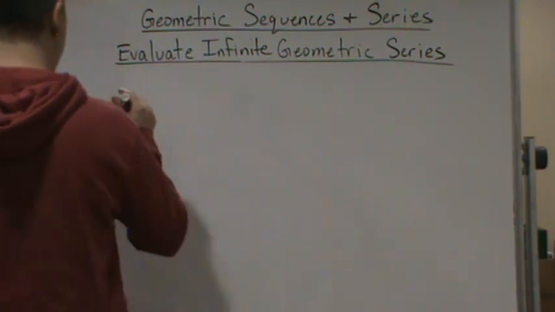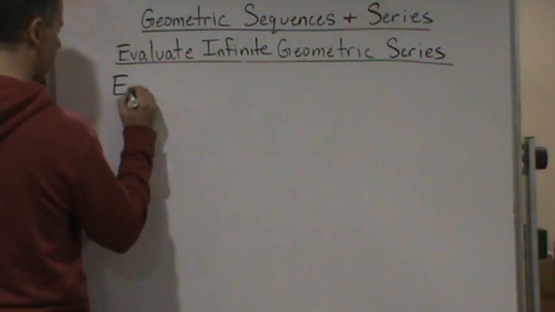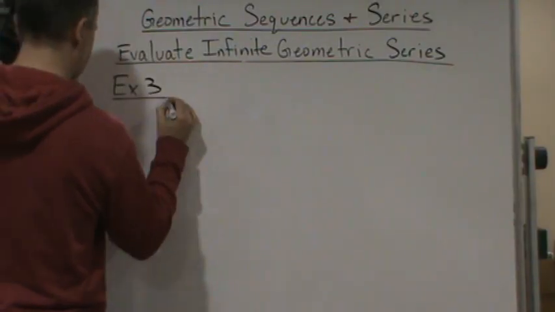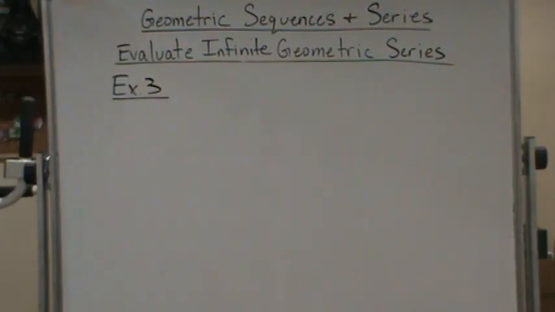Oops. So example 3. Okay, let me read this. This is an application problem. It says, suppose that 200 million is spent annually by tourists in a certain state.